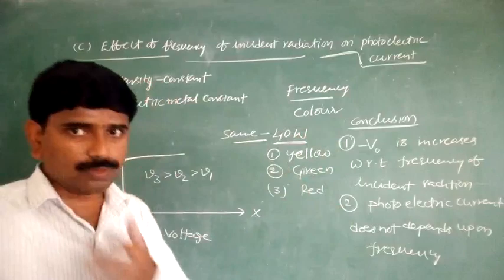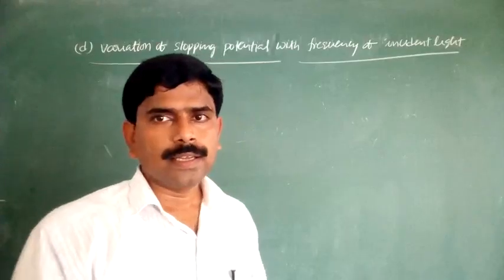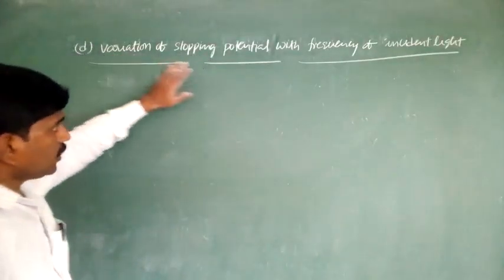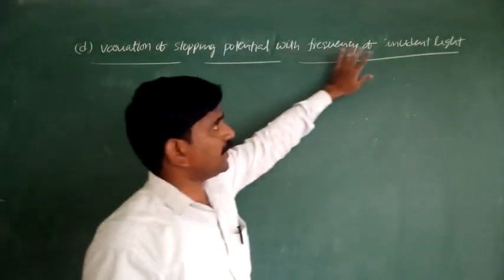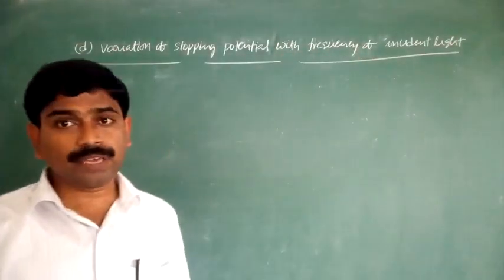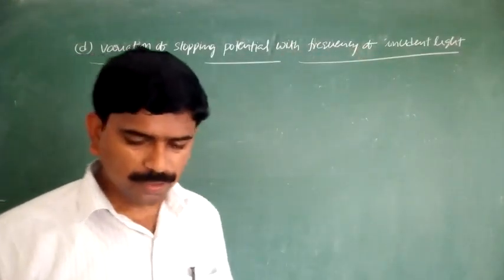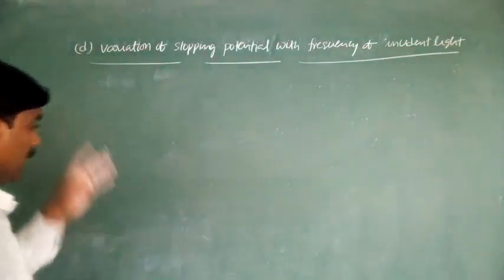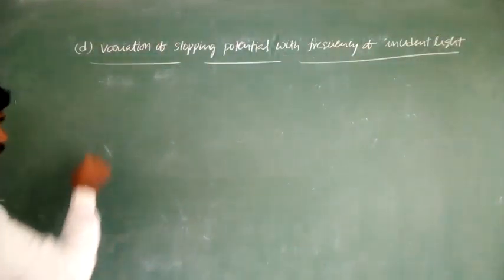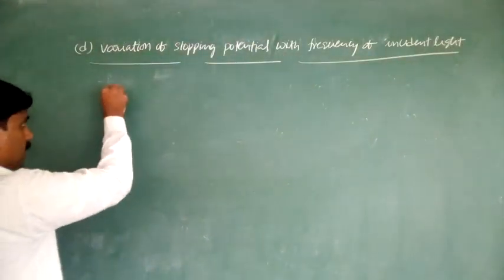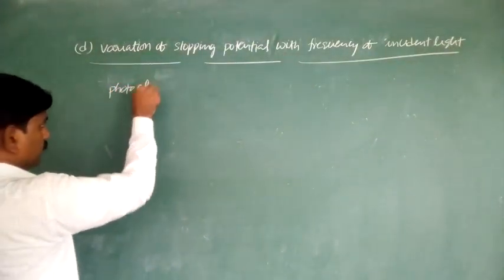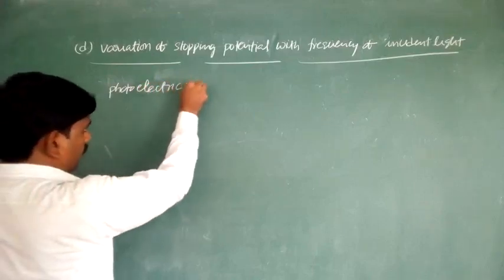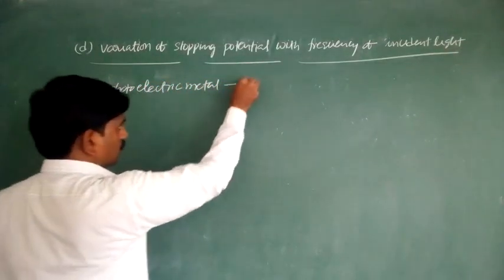Next, the fourth one: variation of stopping potential with frequency of incident light. Here, for different metals, the photoelectric metal changes, it is not constant.